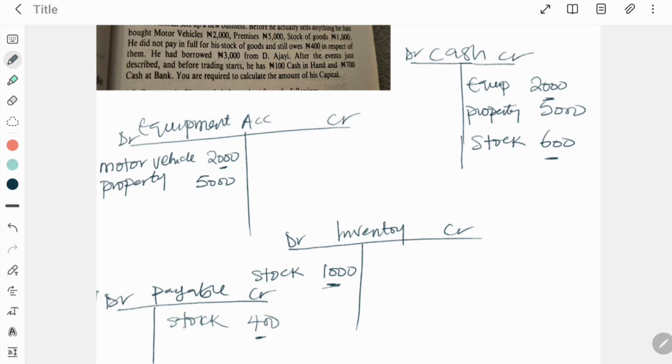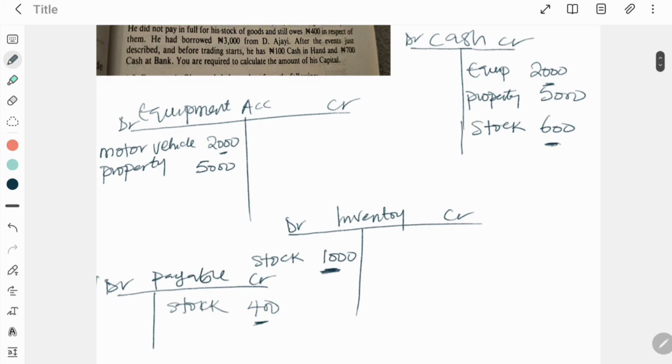So we have also completed the double entry principle that every debit entry must have a corresponding credit entry. The inventory totaling 1,000 naira stock, we've debited it, and the credit entry must also total 1,000 naira. We recorded 600 naira on the credit side, and we have recorded the 400 naira we still owe on the credit side, right?